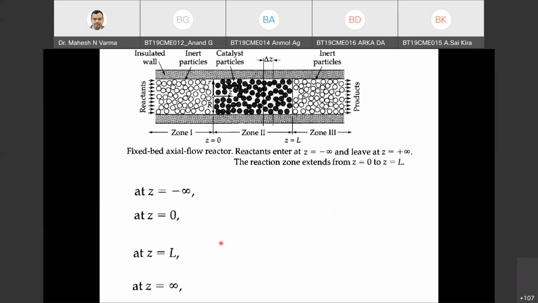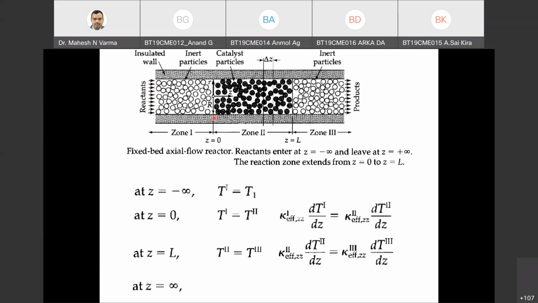So you can see, at Z equals to minus infinity, the reactant temperature is given. This is one boundary condition. Temperature is given for zone 1, that will be equal to T1. Z equals to minus infinity means reactant. At Z equals to 0, at this interface, there will be a continuity of flux and continuity of temperature.